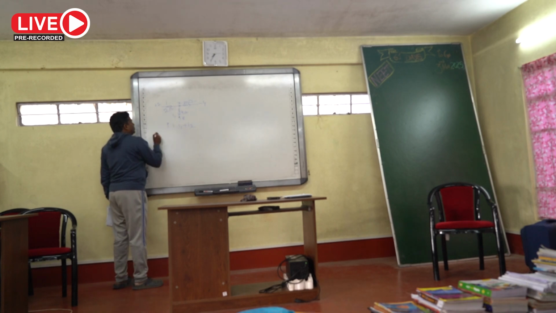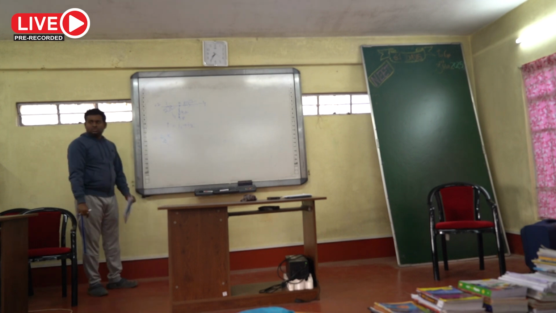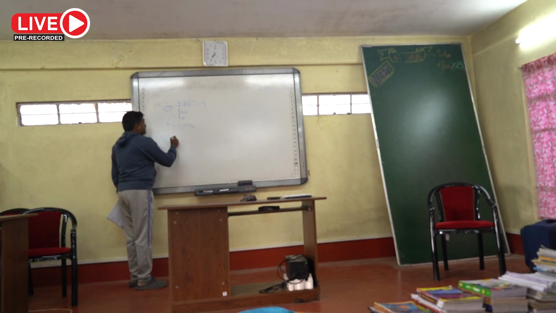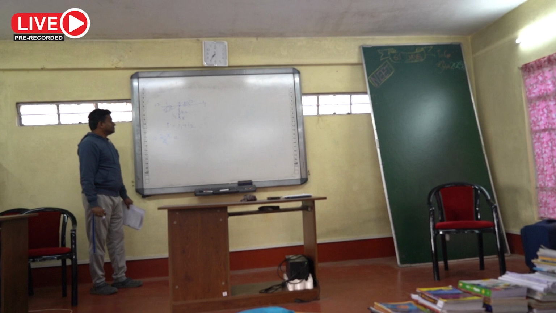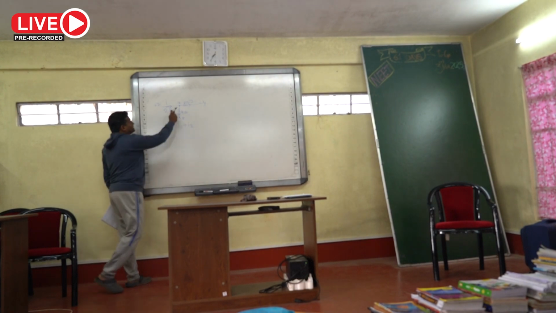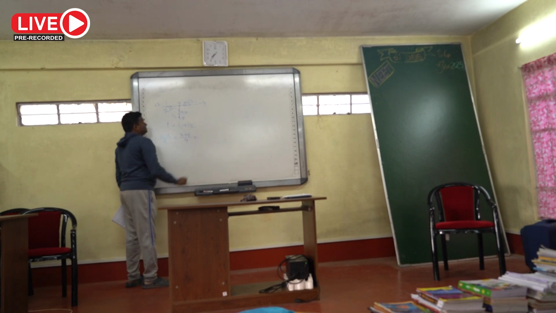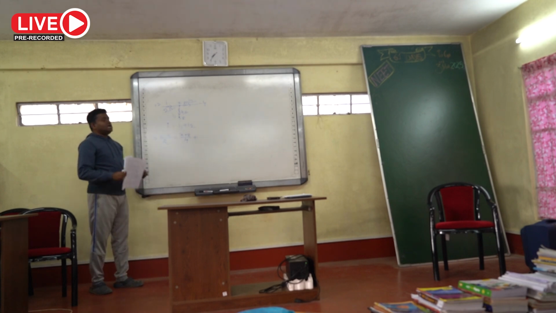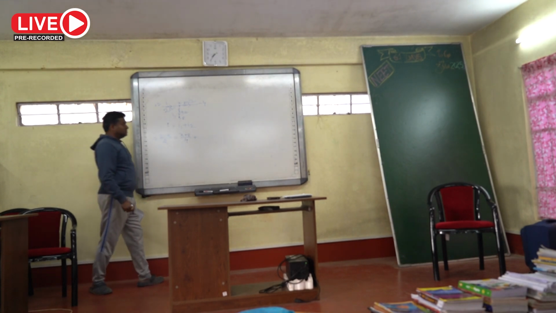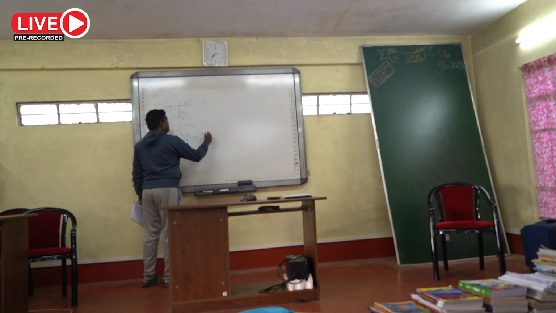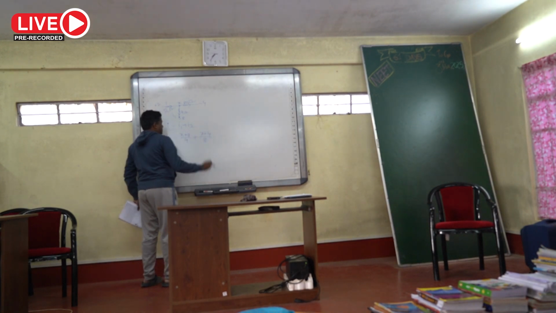Then high potential minus low potential, that is 2 minus X by 2, that is I. 2 minus X by resistance, that is I. Similarly, I1 will be X minus of minus 8, that means X plus 8 by 4, plus I2, X minus of minus 4, that is X plus 4 divided by 8.